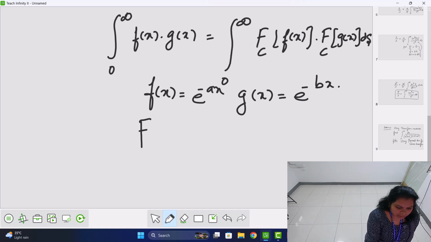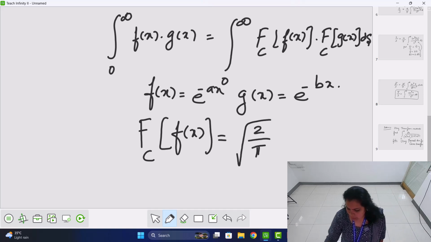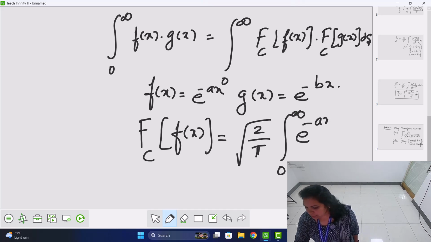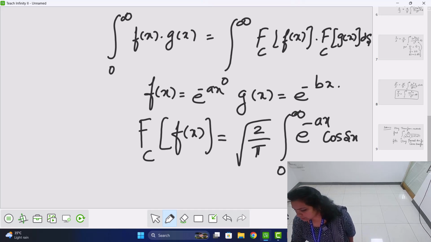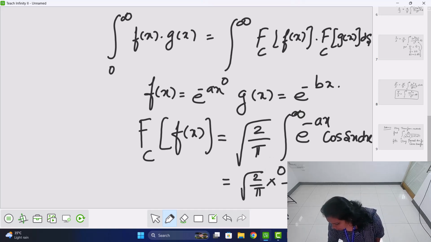So what is the value for the cosine transform, which is fc of f of x is root of 2 by pi integral 0 to infinity e power minus ax cos sx dx. Yeah. So which is nothing but using the formula, you will get it as a by s square plus a square.